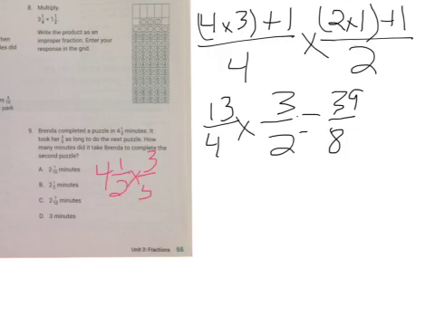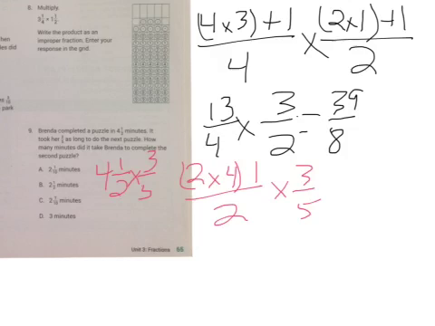So there again, we're going to simply set this up. Say 2 times 4 plus 1, over 2, times 3/5. So 2 times 4 is 8, plus 1 more, and that's going to give us 9 over 2 times 3 over 5.